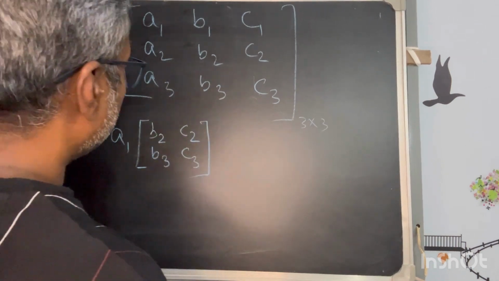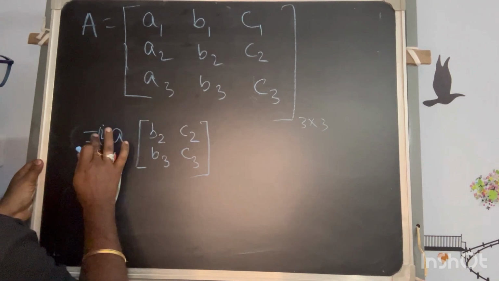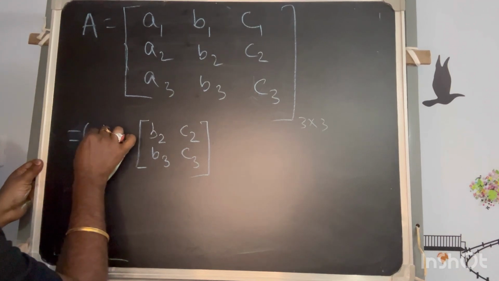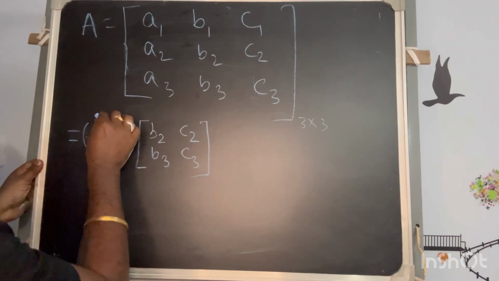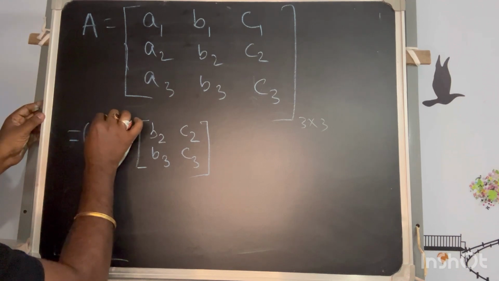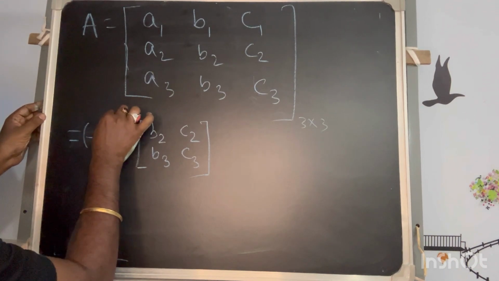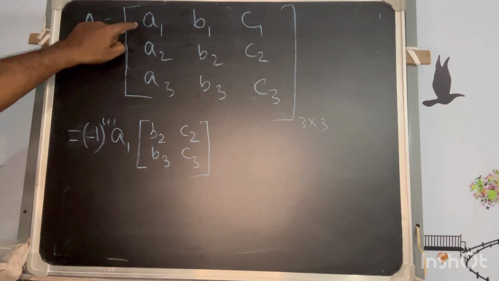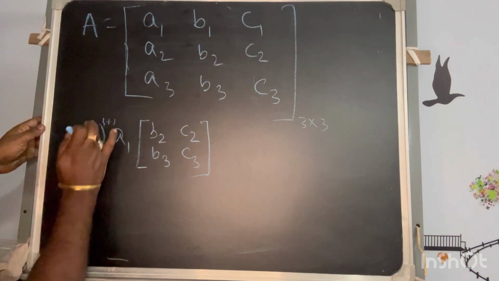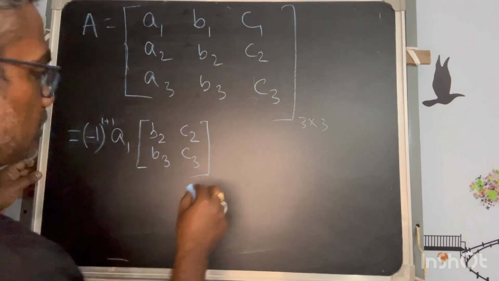This will be supported by the sign, to get the sign exactly: minus 1 whole to the power of the position, I plus j. If I take I plus j, for this I is equal to 1, j is equal to 1, so that will be 1 plus 1.